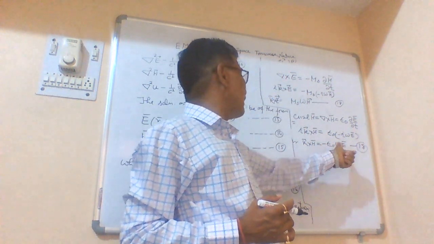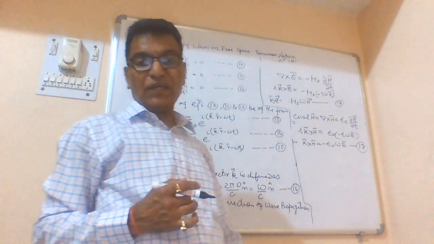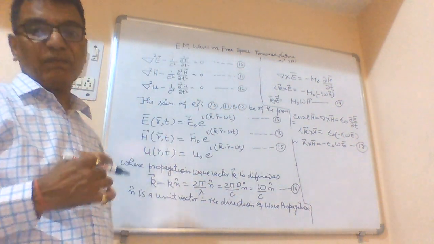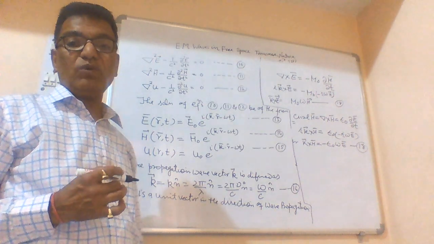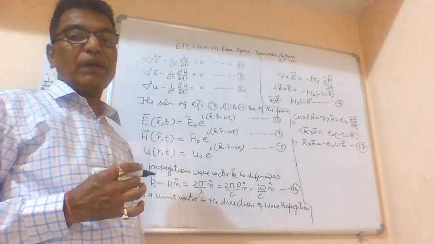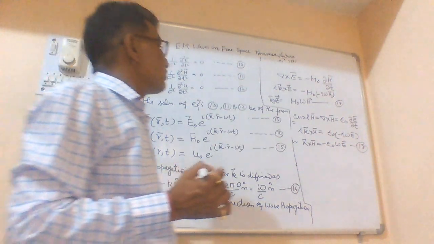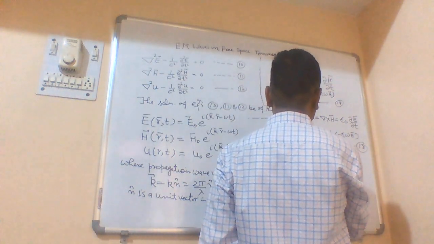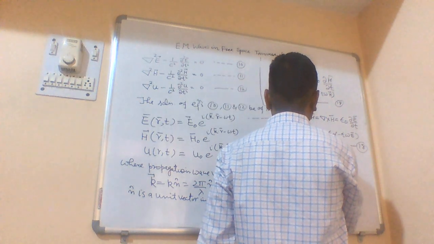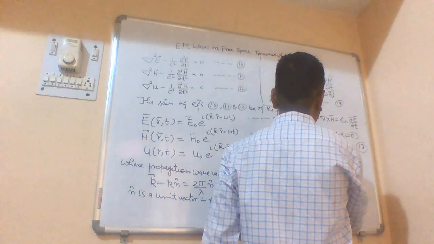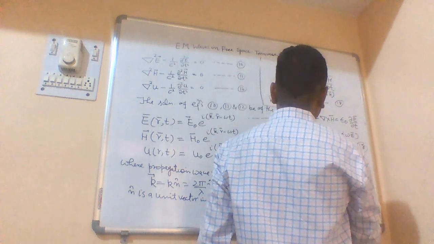E is also perpendicular to H as well as k. It means that the electric and magnetic field vectors are perpendicular to each other and also perpendicular to the direction of propagation of the wave.